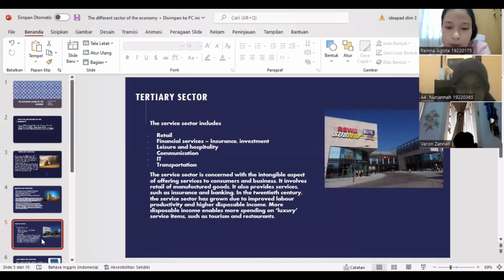It also provides services such as insurance and banking. In the 20th century, the service sector has grown due to improved labor productivity and higher disposable income. More disposable income enables more spending on luxury service items, such as tourism and restaurants.